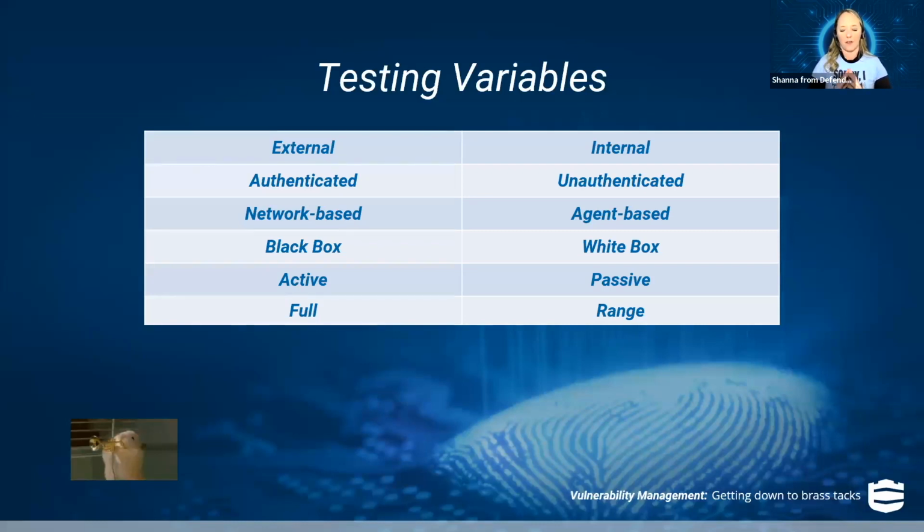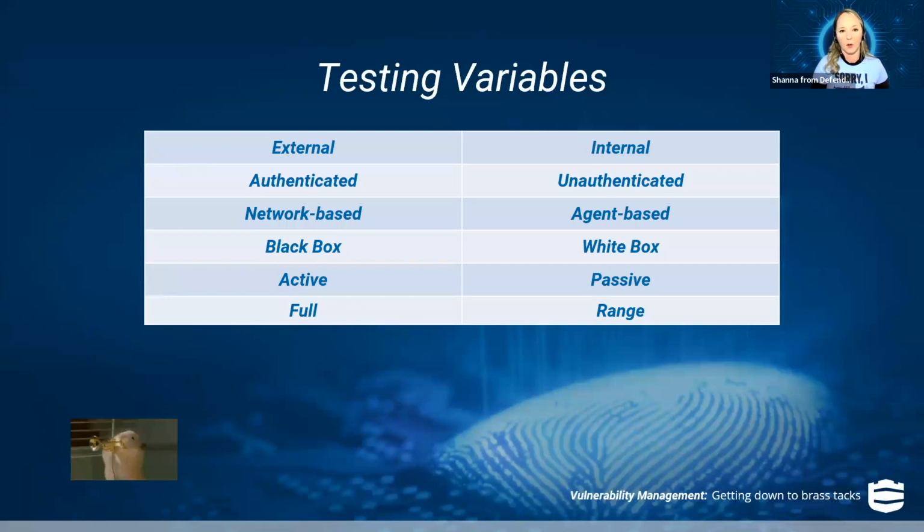Then, if that attacker lands on that internal asset, let's say it's a workstation, what can be accomplished from there, or what vulnerabilities exist on that device that could be exploited, or what ways could that attacker move laterally, or east to west, once that local network access has been established. So external and internal is a big variable or differentiator.